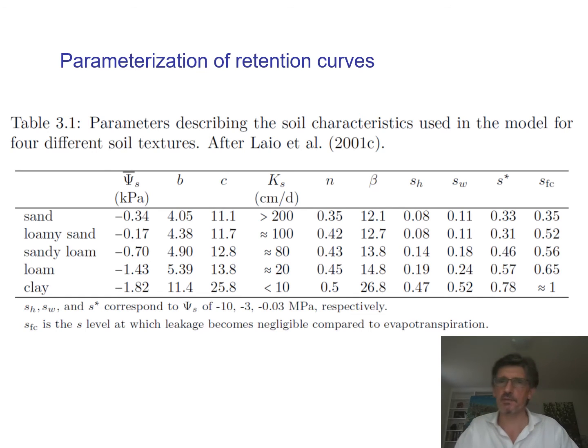And these are other parameters we will see later on. This is the hygroscopic point, wilting point, the point of onset of water stress that we will see later on. This is the porosity, as I told you. Typical value is 0.4. Remember this as a ballpark figure, but with slight variability with soil textures, smaller with sand, higher with clays.